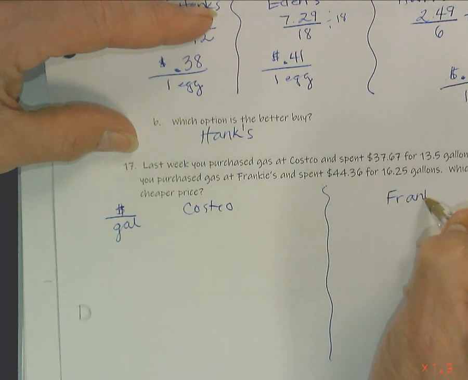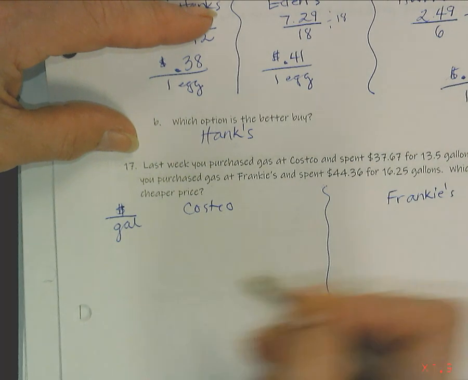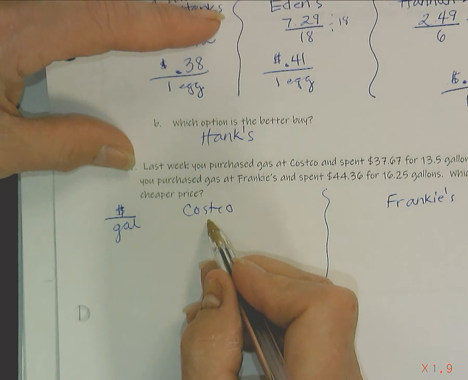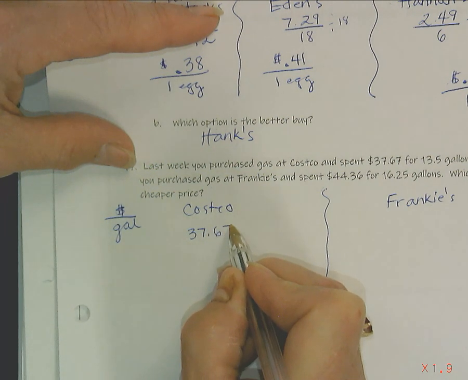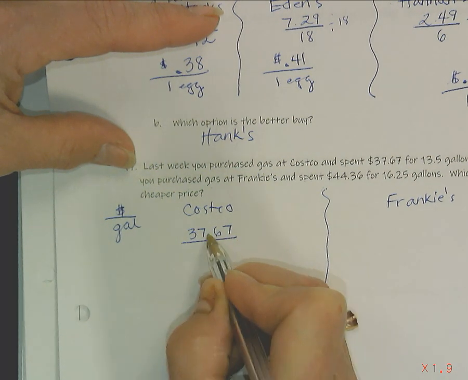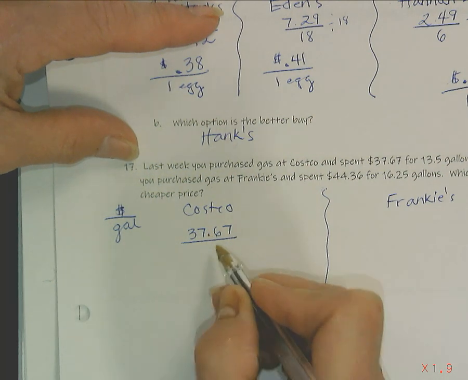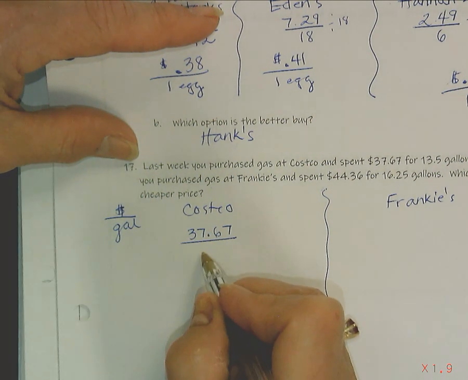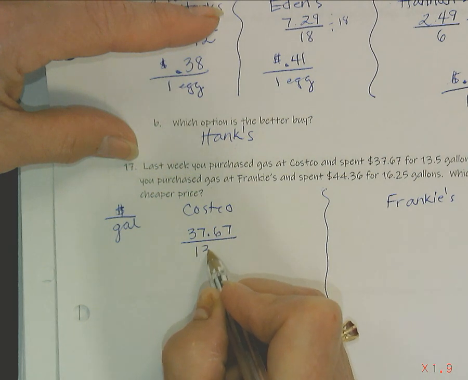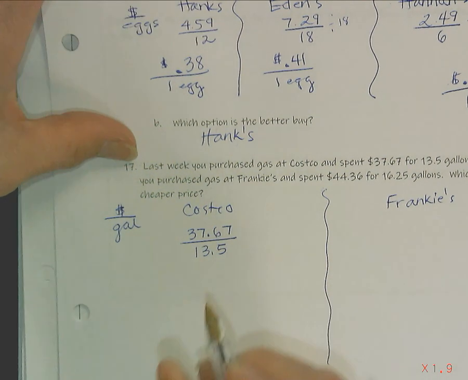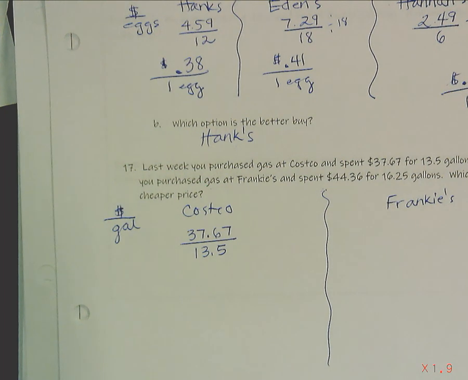On the other side, we're going to do Frankie's. So what's the money spent at Costco? $37.67. Okay, and how many gallons did you get? 13.5. And how do I make this into a unit rate?